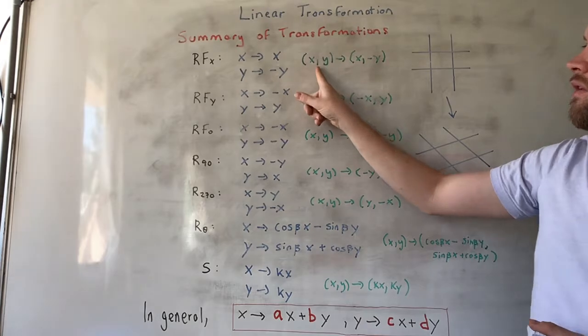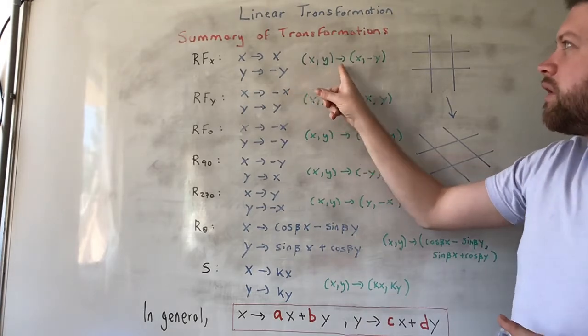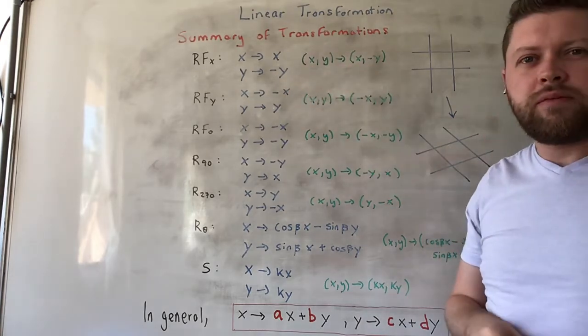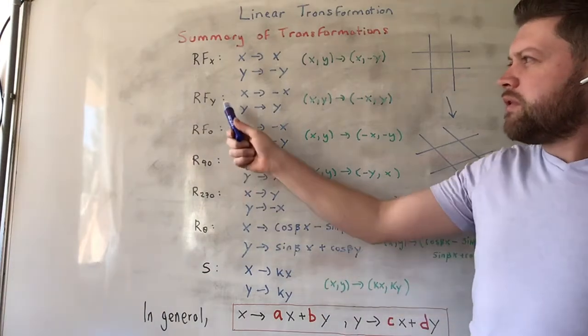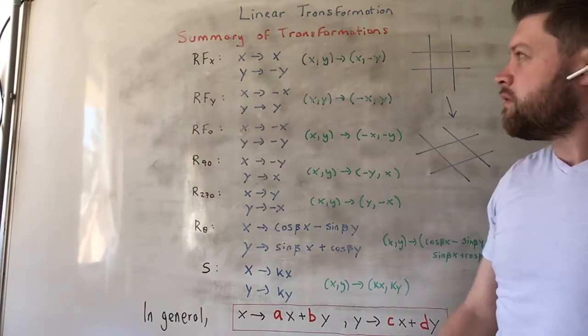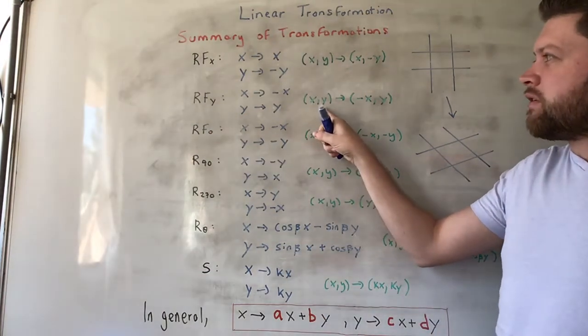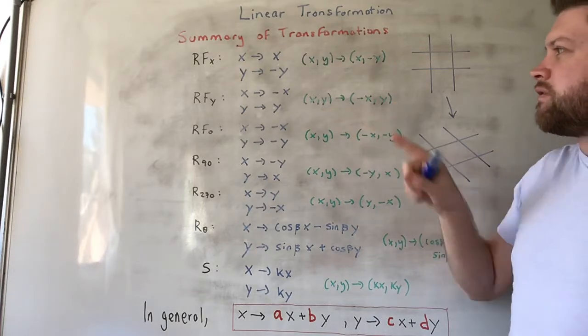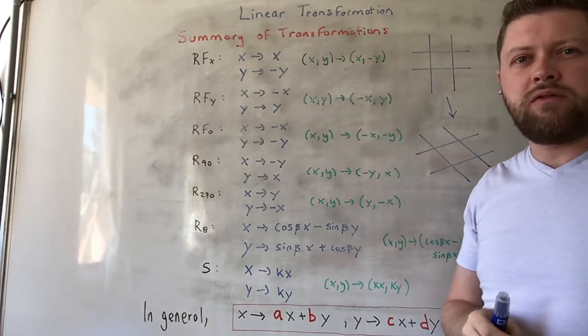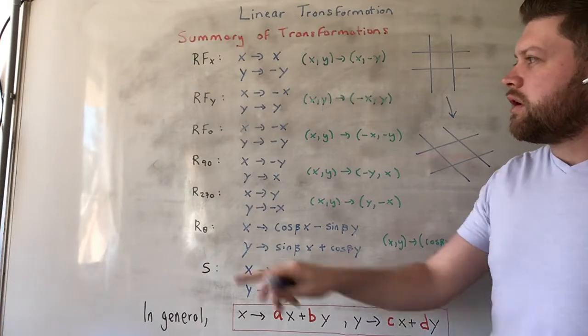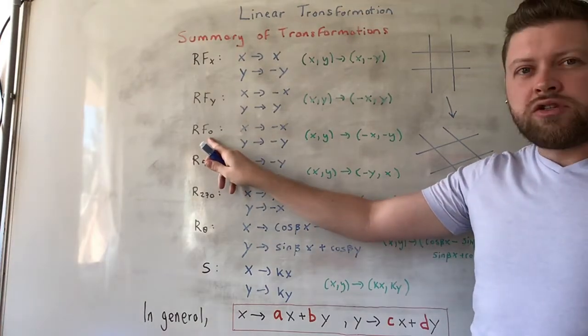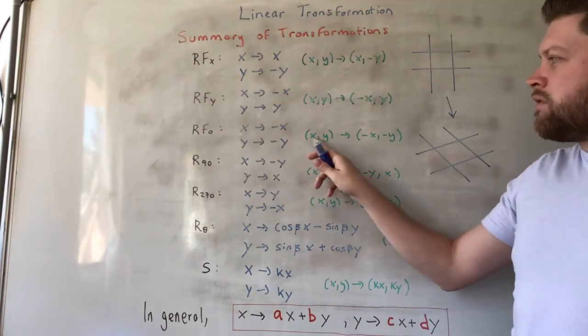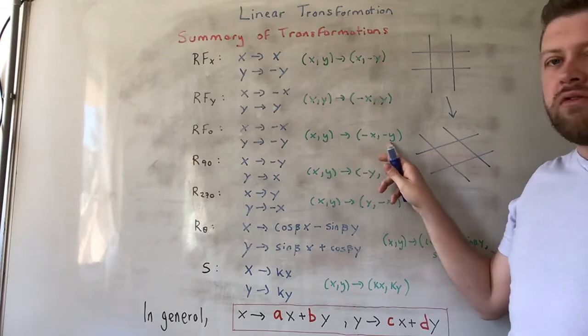You can think about it like this, it means the same thing: (x, y) goes to (x, -y). Same thing with the reflection in the y-axis. You have the point (x, y) goes to the point (-x, y). That's the relevant transformation. A reflection in the origin takes x to -x and y to -y.